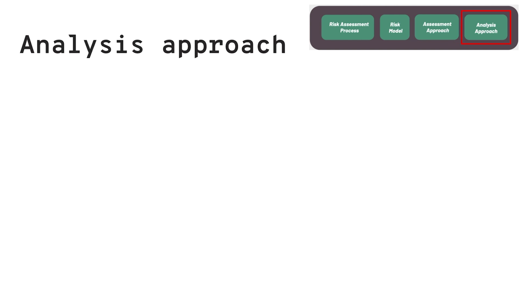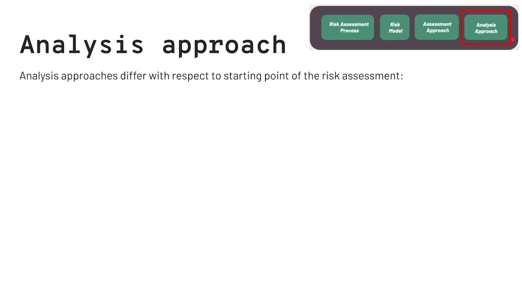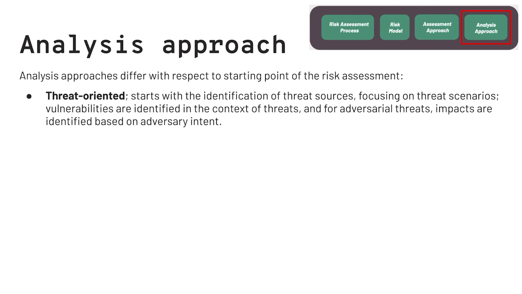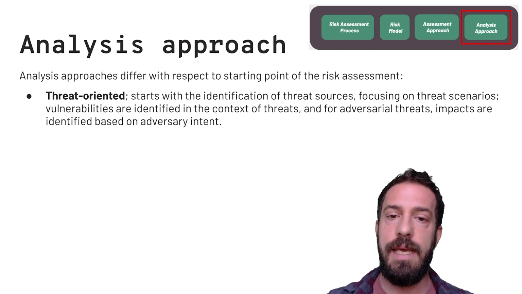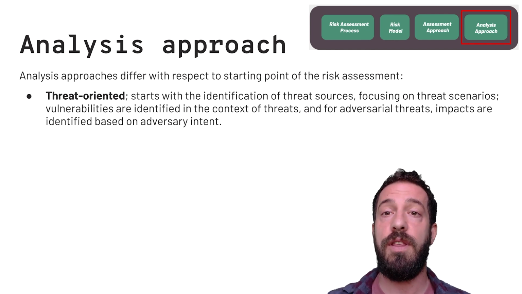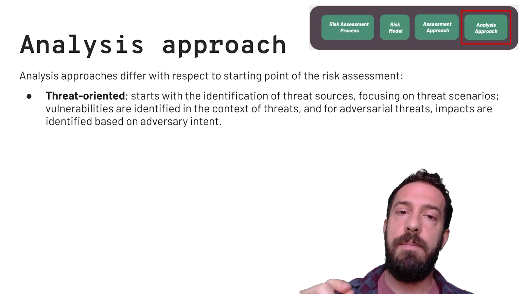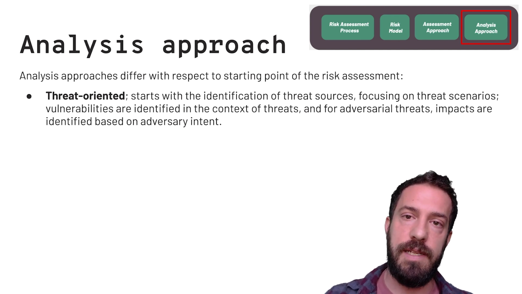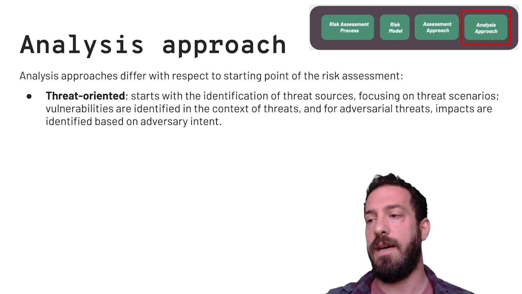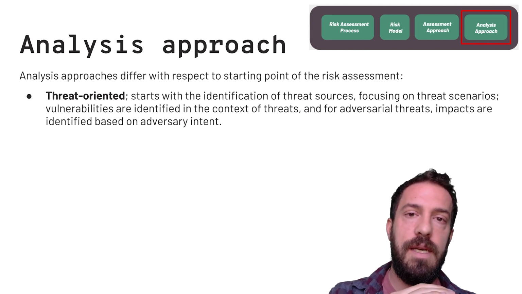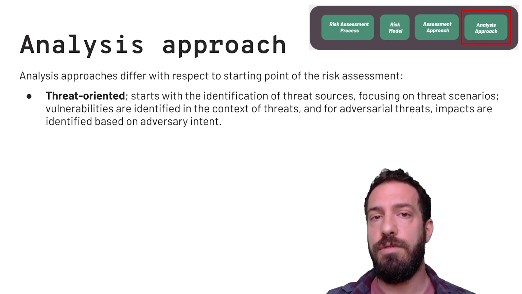And the last component that we'll see is the analysis approach. So you can choose to assess risk from different approaches, actually. One can be threat-oriented. So you start by listing all the threat sources and you focus on the threat scenarios. And then vulnerabilities will be identified in the context of threats. So you say, my possible threats are a nation state attacking that part, a cyber criminal trying to steal information.